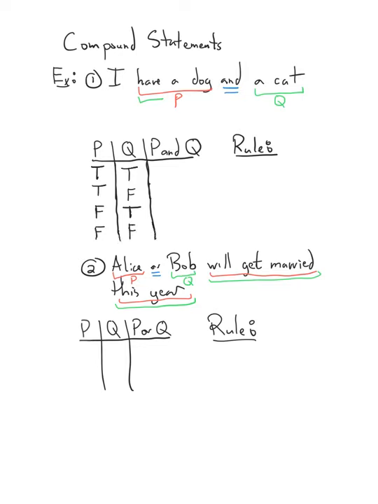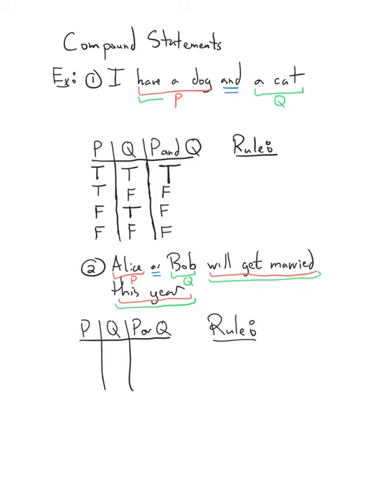Same if I have just a cat. Then if I say I have a dog and I have a cat, that's false. And of course, if I have neither, that's false as well. So there's nothing kind of special about this having a dog and having a cat. They're just two statements. The whole idea is that both of the constituent statements that make up the compound statement, they need to be true in order for the and to be true.